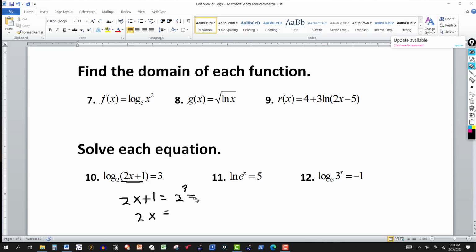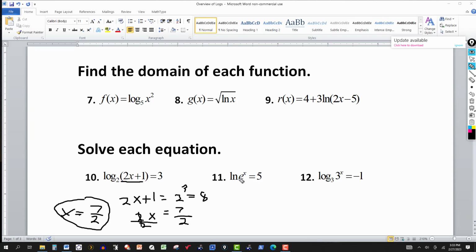This, of course, is 8 here. Subtract 1 from 8, we get 7. Divide by 2. And we get the solution: x equals 7/2.